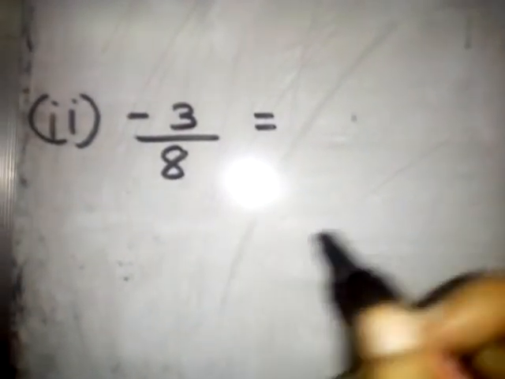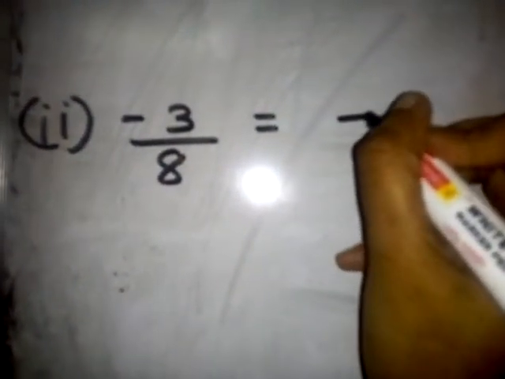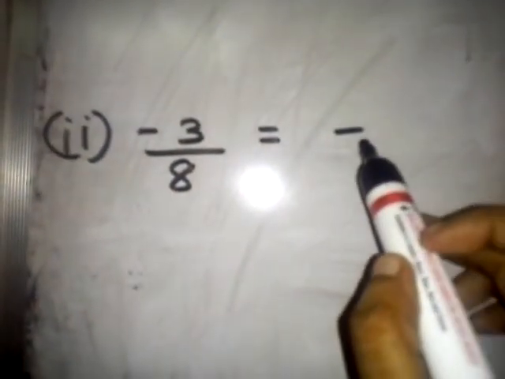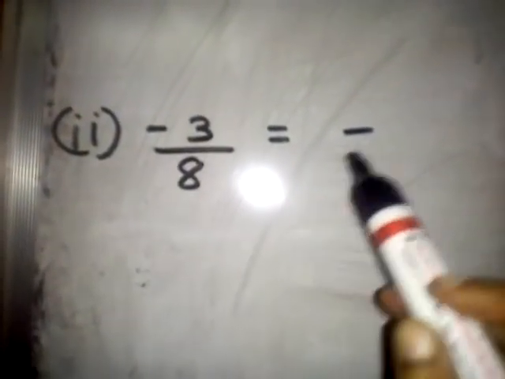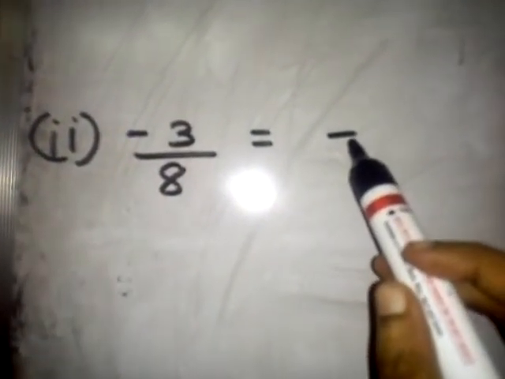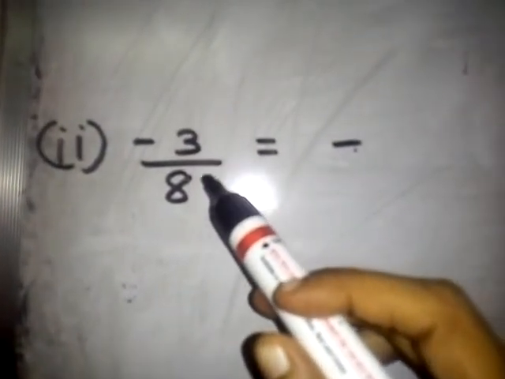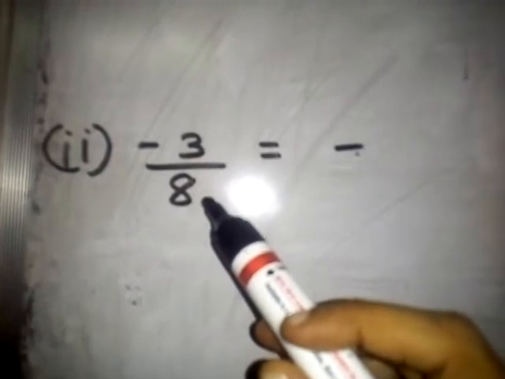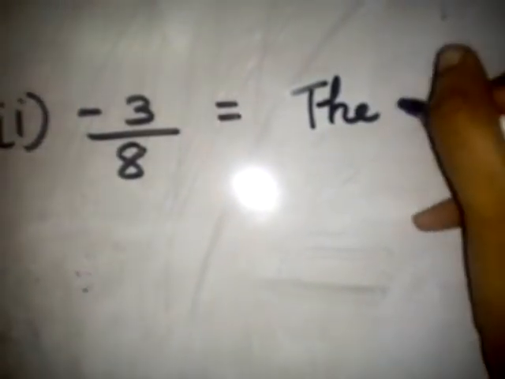Look at second one, minus 3 upon 8. The negative sign which is there on the numerator will remain as it is. Only on the numerator place you have to put the negative sign. The negative sign will not go to the denominator. It will remain in the numerator. Only the numbers you have to write as multiplicative inverse. Got it?